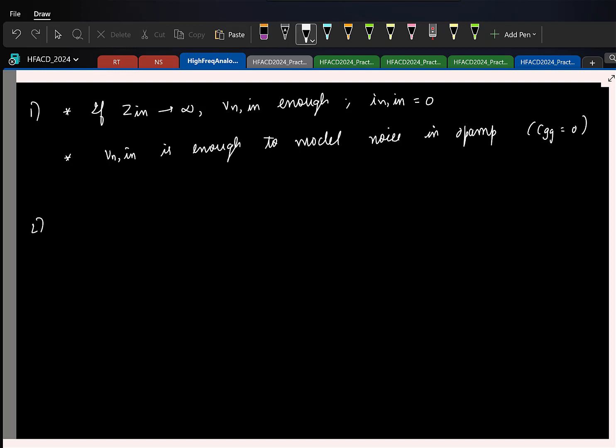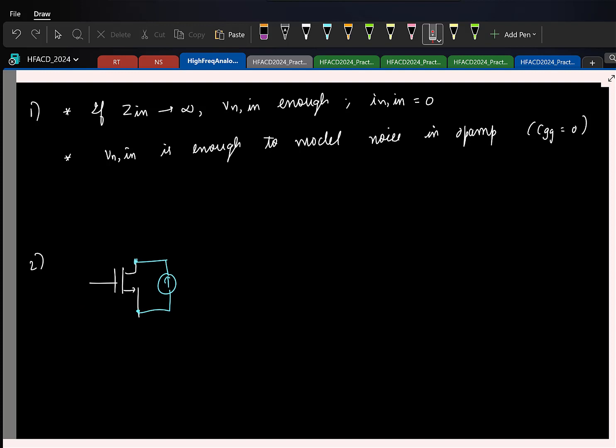As an extension, we also saw in the last class that if you take a MOSFET like this, the noise generated in the MOSFET is to be modeled as a parallel current source connected across drain and source, because the noise is mainly in the drain current. But once again, if you ignore the gate capacitance, the input resistance is infinity.